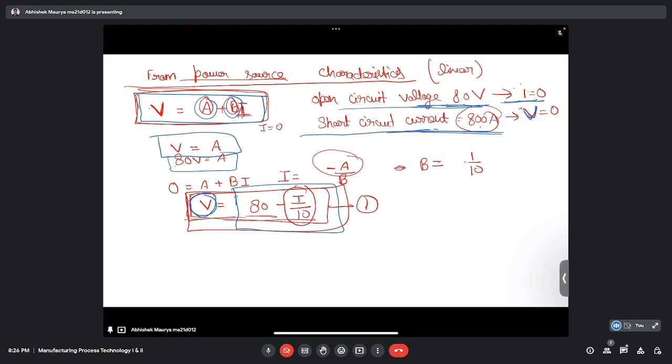So if you put voltage 0 and current 800 amperes, and we already know A is 80, we can say B is equal to minus 80 by 800, which is 1/10.